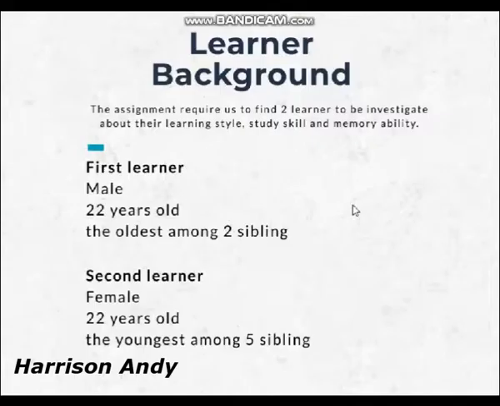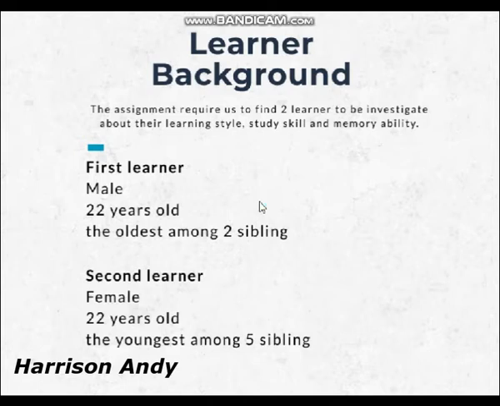Before the background, what we investigate among them is their learning style, their study skill, and their memory ability. The first learner for this investigation is Mel. He is 22 years old and the oldest of two siblings.